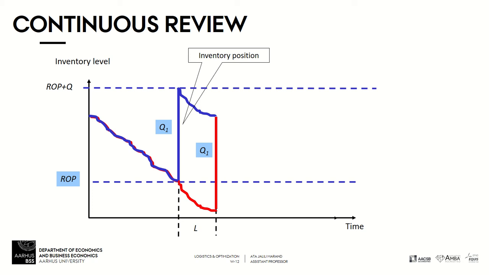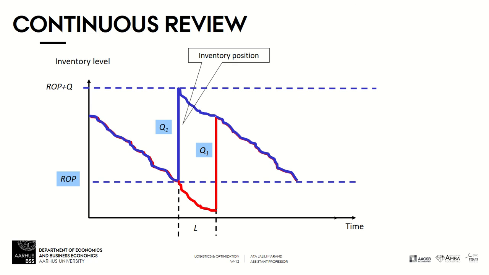At this point in time, we have all of these amounts on hand, so we have nothing on the way, and inventory position is equal to inventory level. Time goes by, inventory level decreases, of course inventory position decreases as well, and they reach a point equal to our ROP.